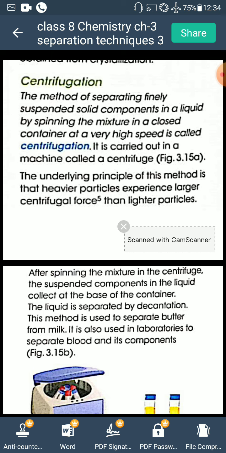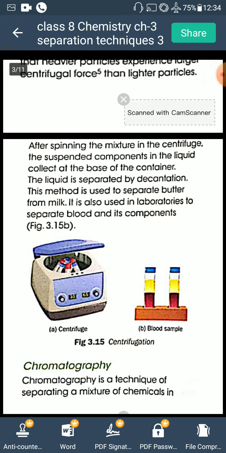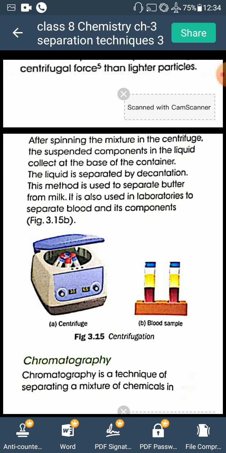This is the basic principle of centrifugation. Figure 3.15 shows the process of centrifugation, and the machine is the centrifuge.